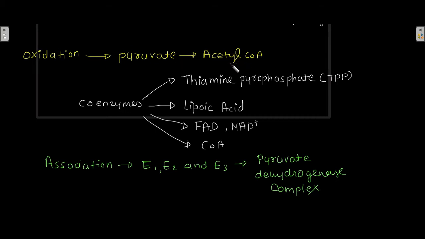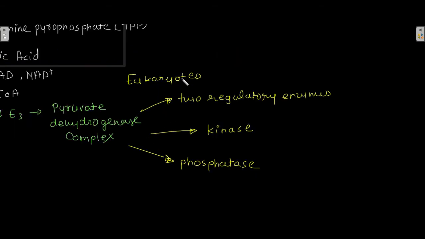These coenzymes in association with E1, E2 and E3 of the pyruvate dehydrogenase complex cause the oxidation of pyruvate into acetyl coenzyme A. Now, in case of eukaryotes, this pyruvate dehydrogenase complex also contains two regulatory enzymes, a kinase and a phosphatase.